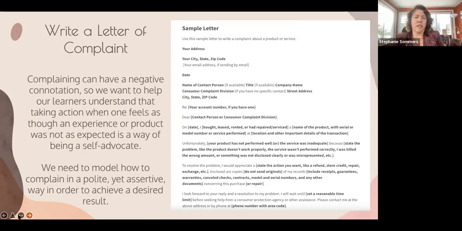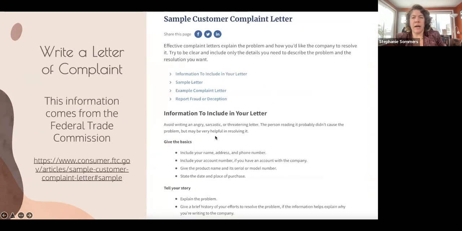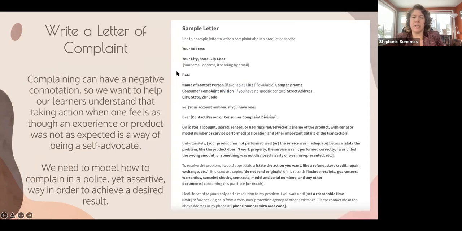So there are some different materials. There's kind of an outline of what to include in the letter, and then there are some example letters and templates that you could download and use with your students. Again, this is also great practice for talking about audience and tone and for being able to write with clarity, because we want to get our ideas out without a lot of extra wordiness here.